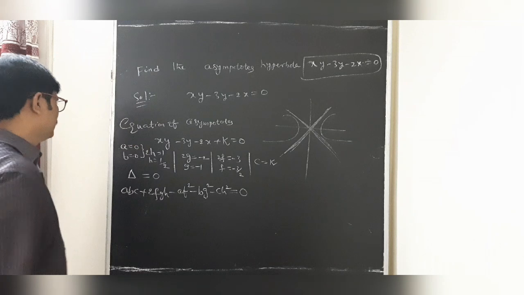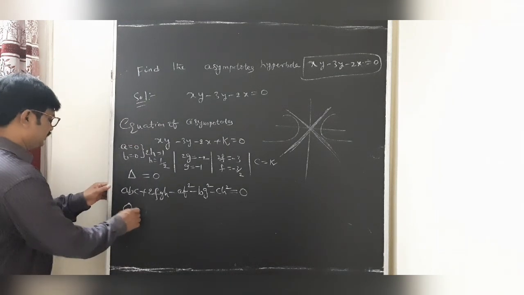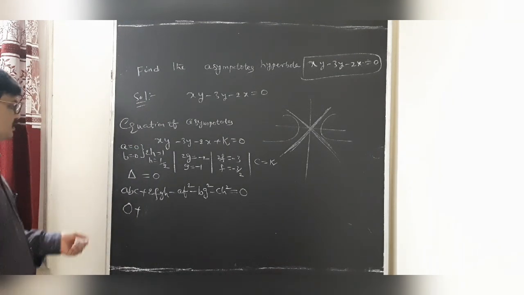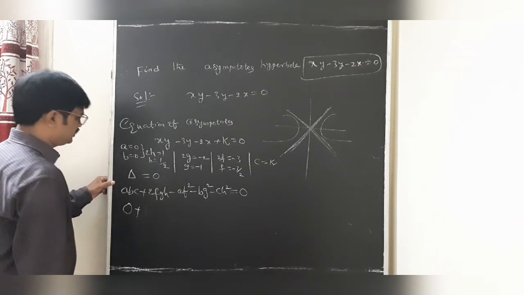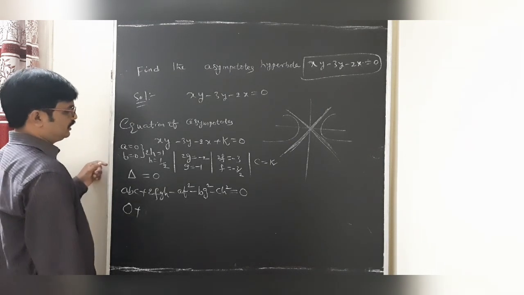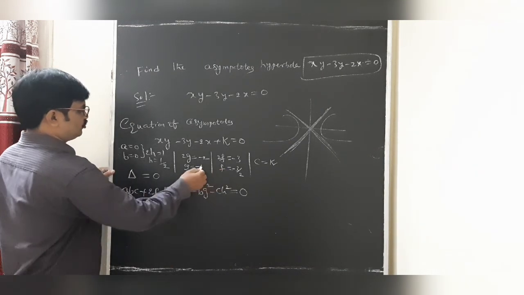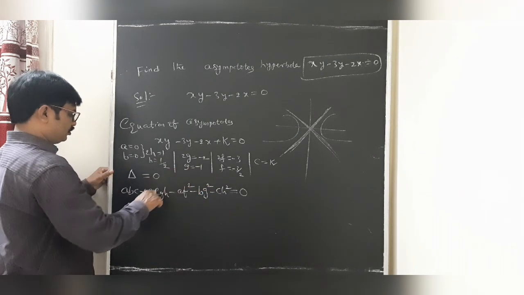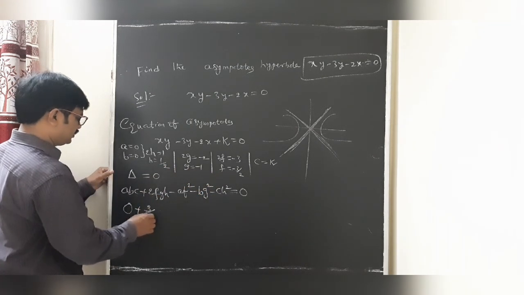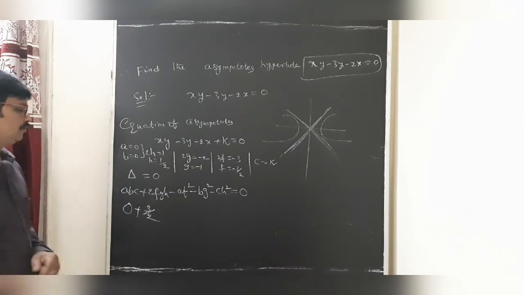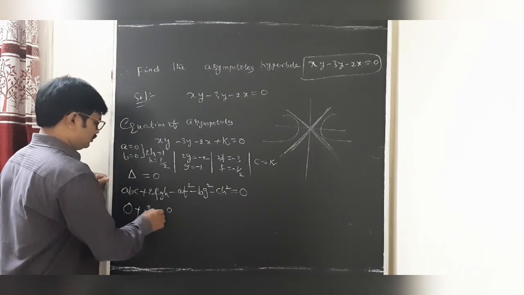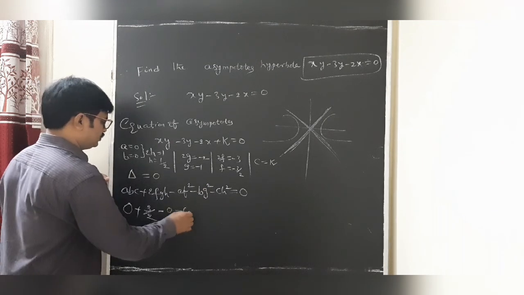So abc is 0. For 2fgh: minus 3 by 2 into minus 1 into 1 by 2, this is 3 by 4, into 2, this is nothing but 3 by 2. After that, af square and bg square are 0, since a and b are 0.